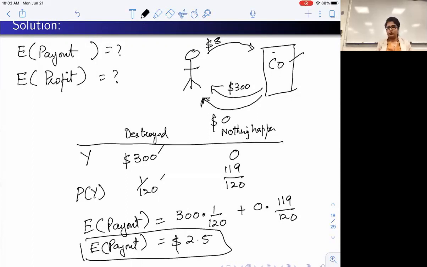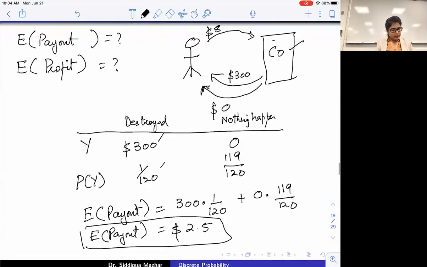So if anything goes wrong, they have to pay $300, right? So if you take the average of all these payouts, then on average they have to pay $2.5 to each of the customers or the farmers. So this is what it means.